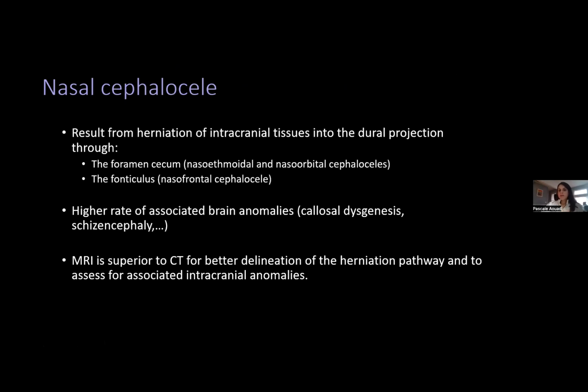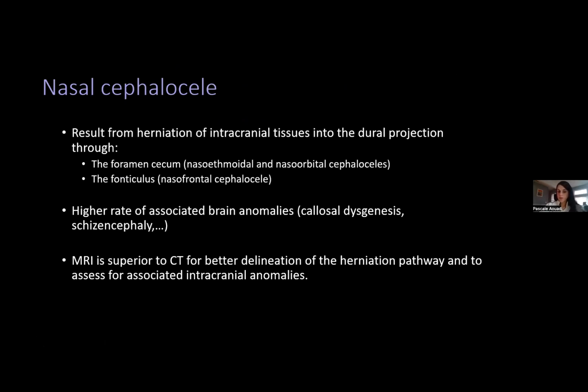So nasal cephalocele, as a first entity, results, as we said, from herniation of the intracranial tissues into the dural projection. It can occur either through the foramen cecum. In this case, it can be either a nasoethmoidal or nasal orbital cephalocele if it extends to the orbit. Or it can occur through the fonticulus nasalis, and in this case, it's going to be called a nasofrontal cephalocele.